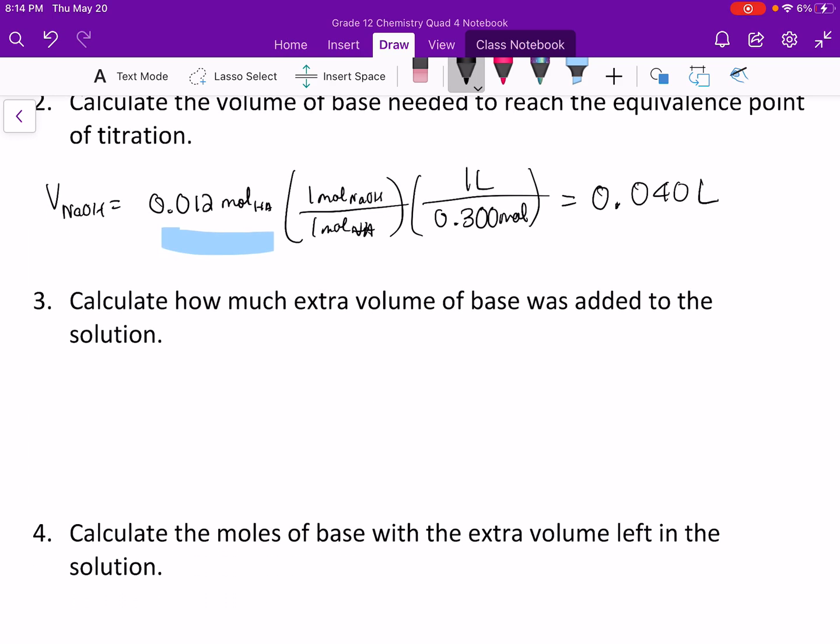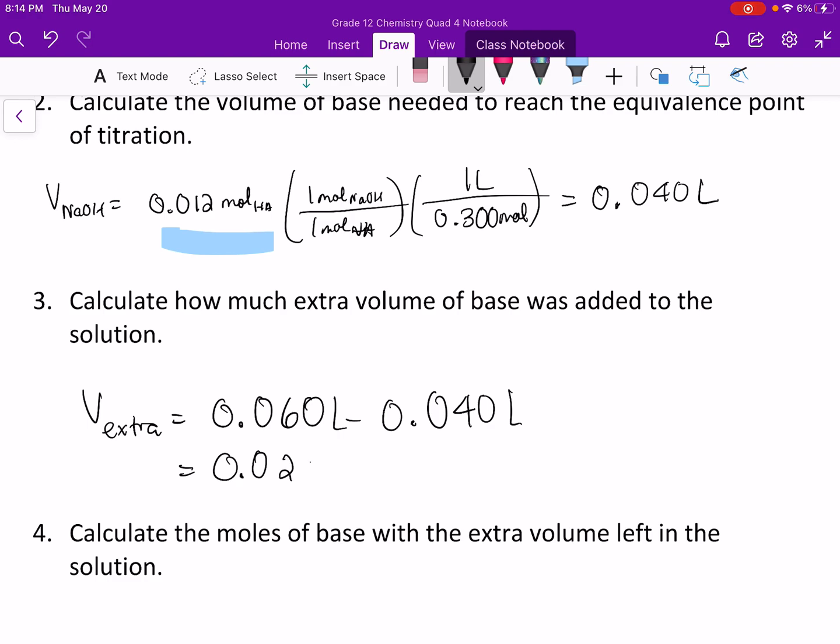To calculate my extra volume of my base, I'm going to say V extra is equal to 0.060 minus what I needed to reach my equivalence, 0.040 liters. I have remaining in my solution 0.020 liters.